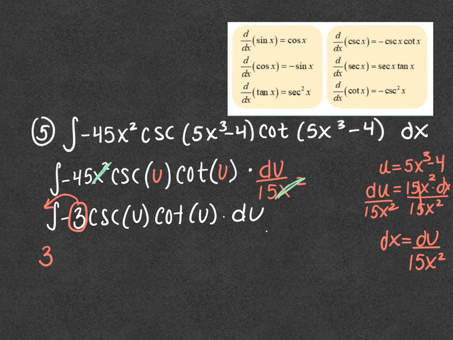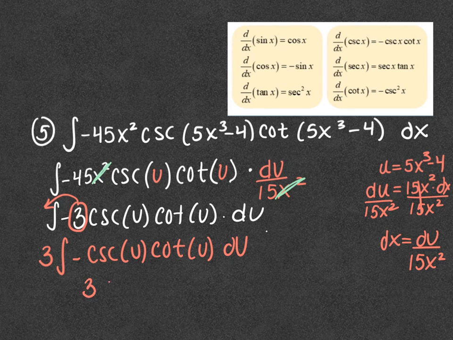So I have 3 times the integral of negative cosecant u cotangent u du. And then I take a look, negative cosecant cotangent, the antiderivative is cosecant. So the final answer will be 3 cosecant of u plus c.